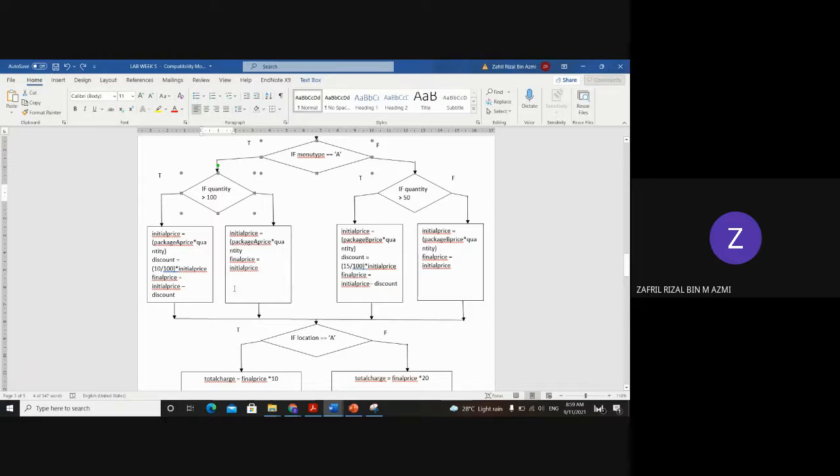If it is input and output, yes, you may combine, but for calculation, use separate symbols. Understand? Meaning that over here, you have one equation, two equations, three equations. So separate the symbols. Use three symbols. 1, 2, 3.